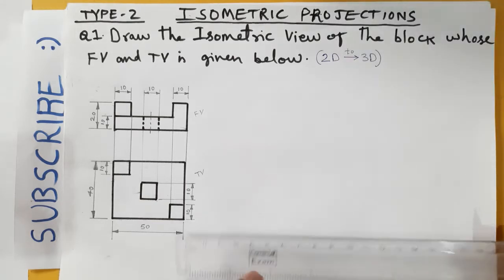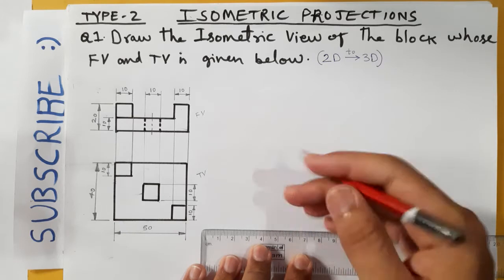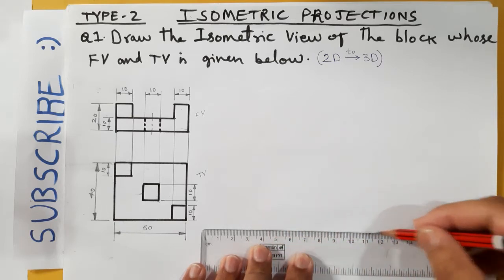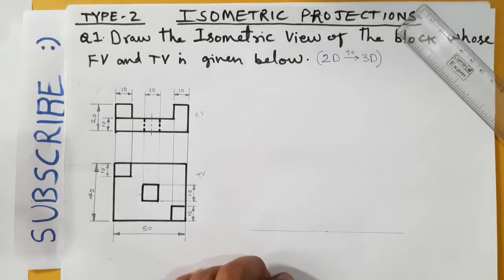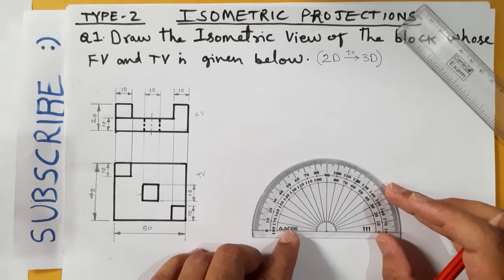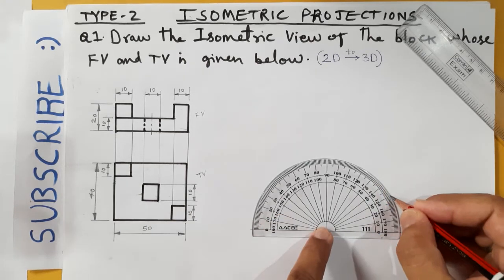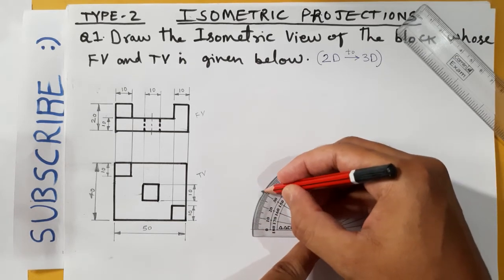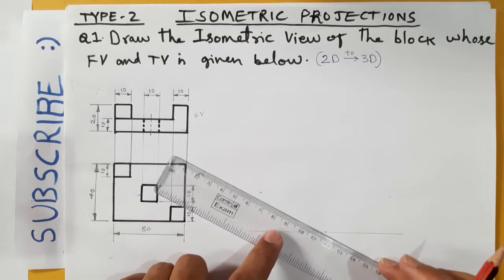First of all, you take a reference line of any length, like this I have taken, and take one point as a reference. Now with the help of a compass we will mark 30 degrees each, 30 and 30, because in isometric views we work at 30 degrees.